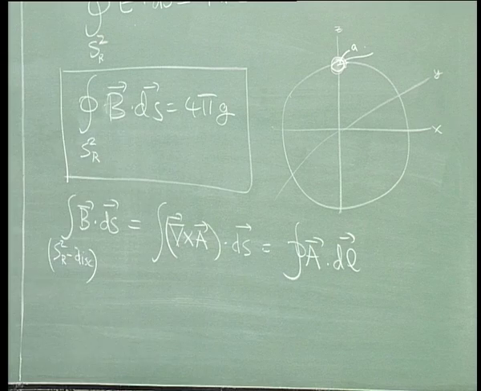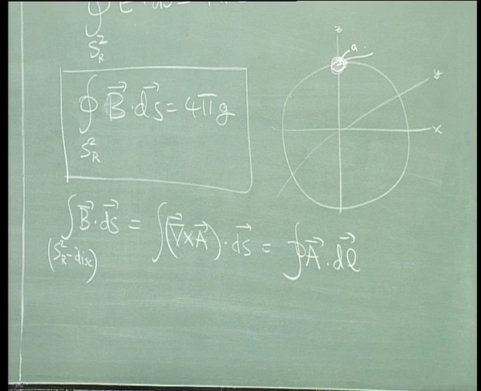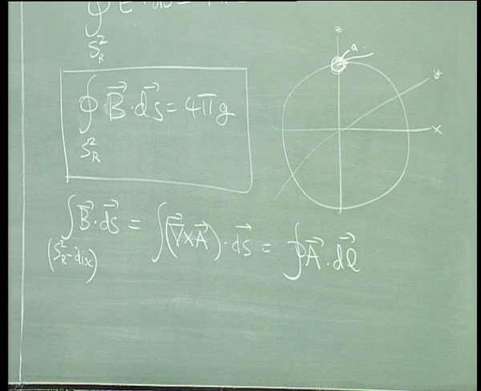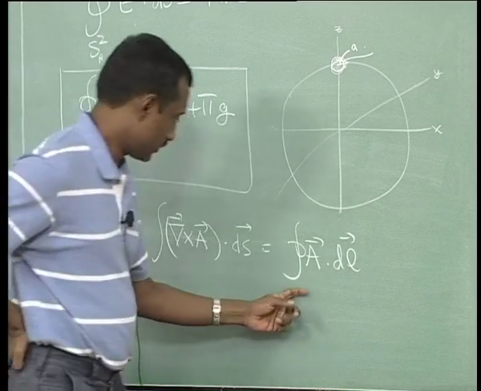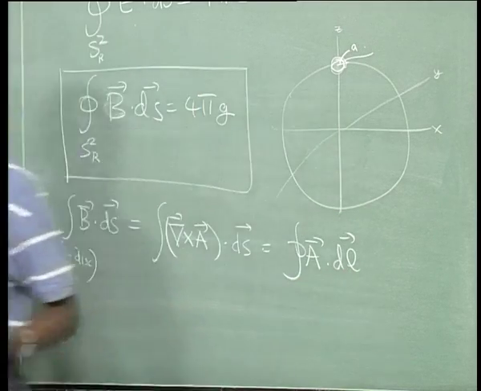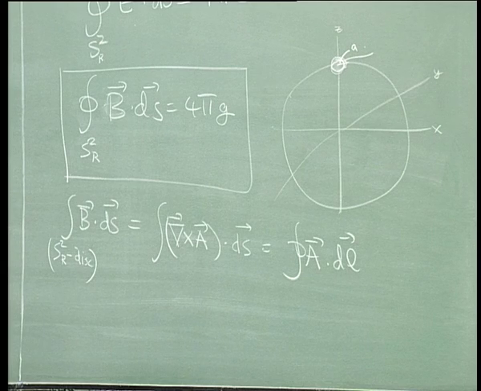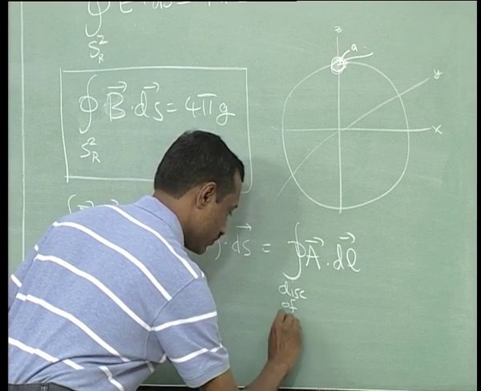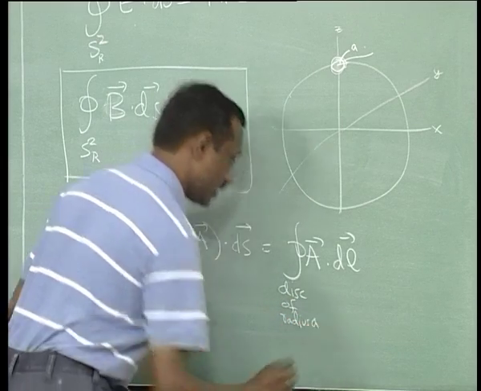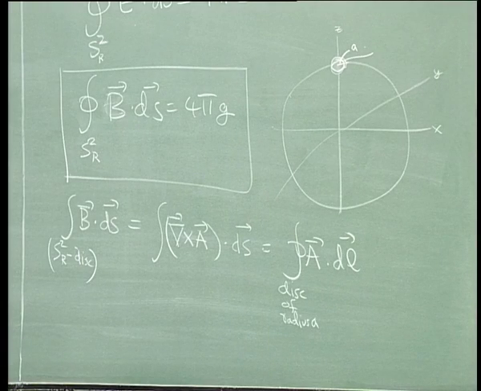So, this is equal to the flux over this. What I wanted to argue is that this is just over L, and now the idea is that I take the radius of the disk, a disk of radius a, smaller and smaller.